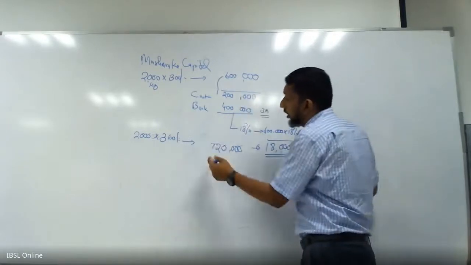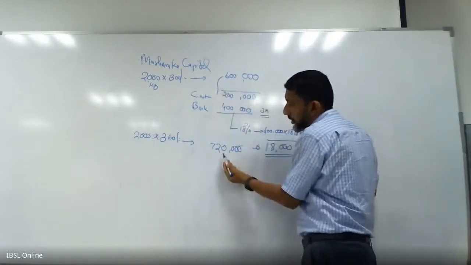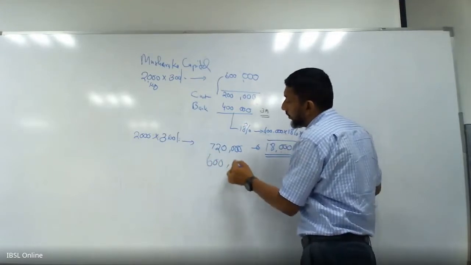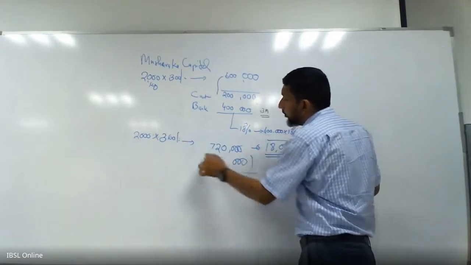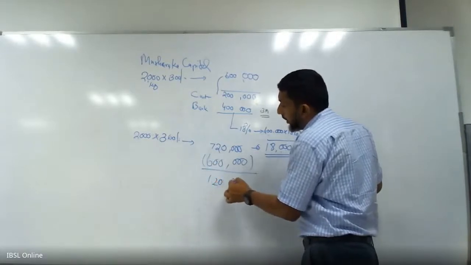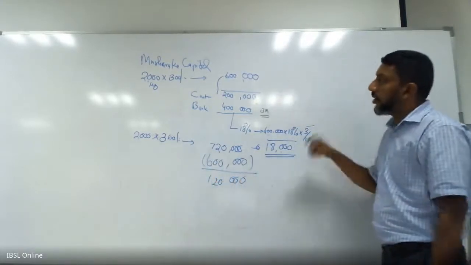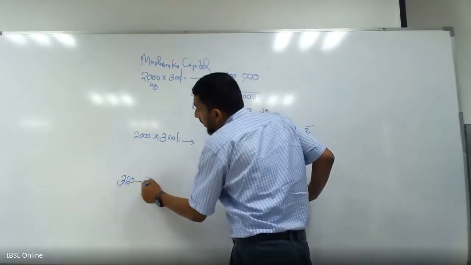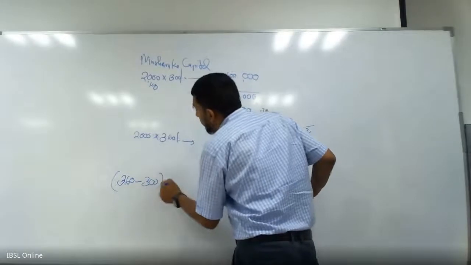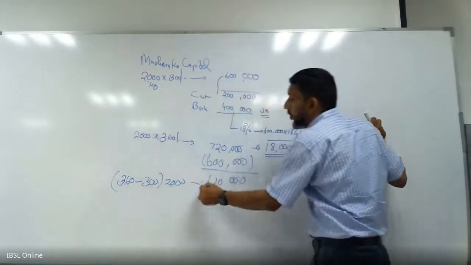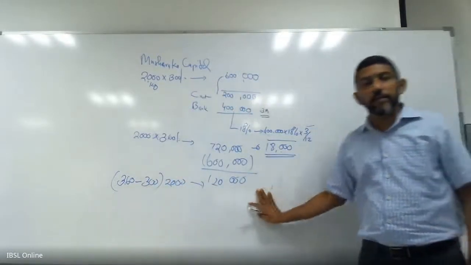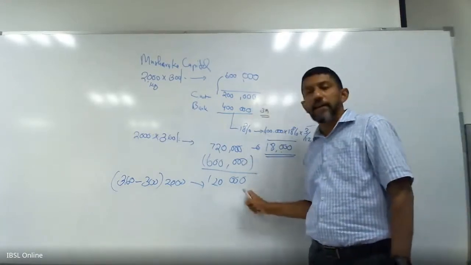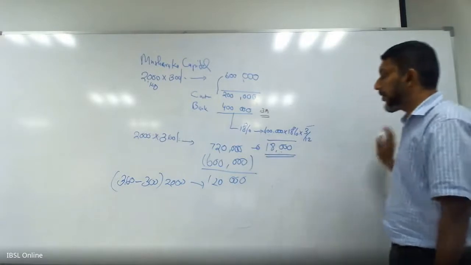The original cost is 600,000 and the sales proceeds are 720,000, so the profit is 120,000. Or 360 minus 300 times 2,000. Both lead to a profit of 120,000. So the expected profit on this transaction is 120,000.